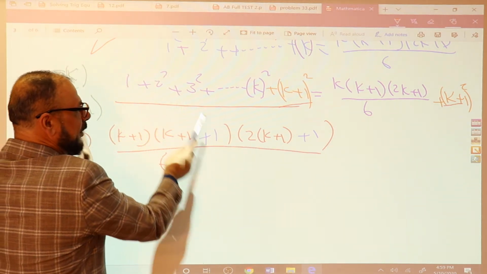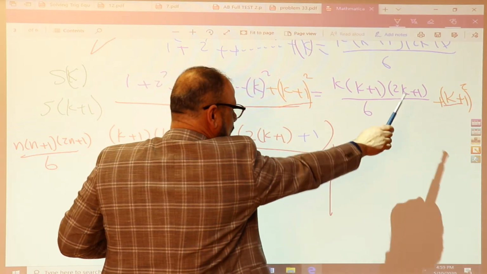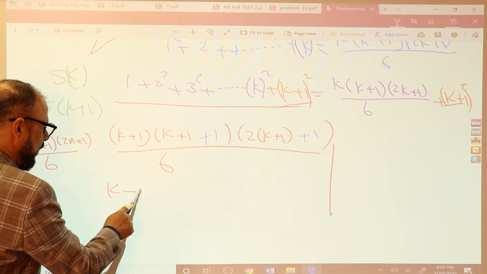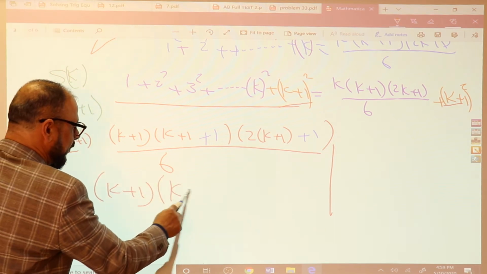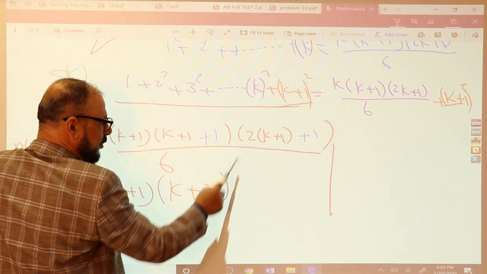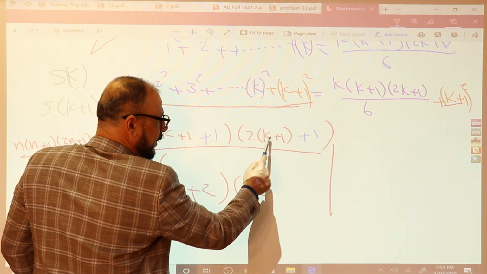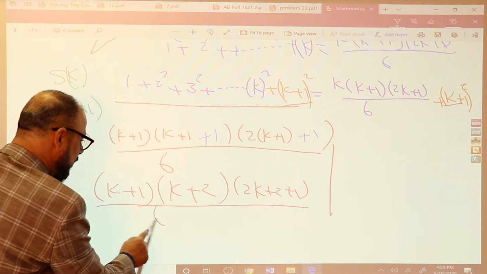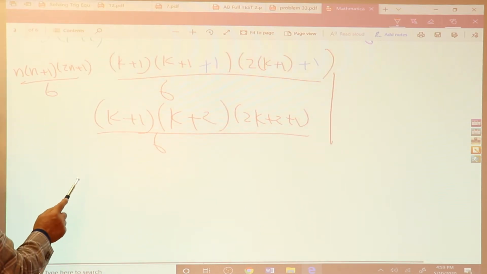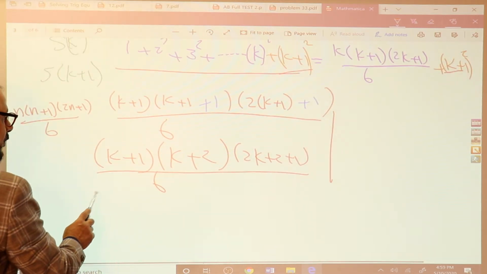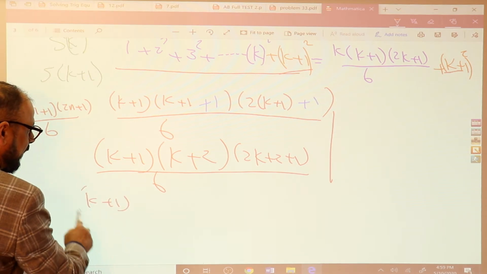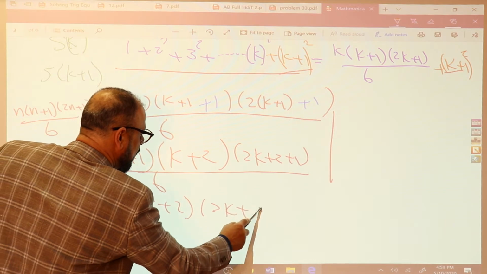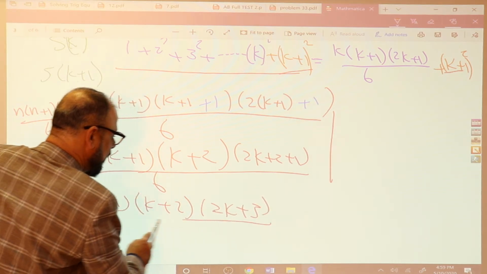This is the left side. Simplified, this is k plus 1, k plus 2, and 2k plus 2 plus 1 over 6, which is k plus 1, k plus 2, 2k plus 3 over 6.